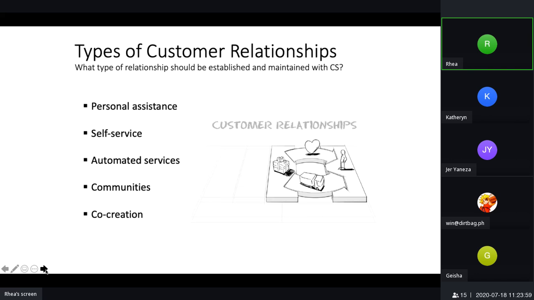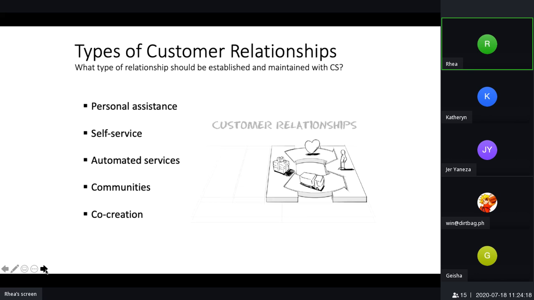We can also do co-creation, meaning your customers are not only on the buying end, but they can also help create your product, because you would constantly ask them, how could we make our product better? What would be the next best thing? How would you suggest adding something to this?